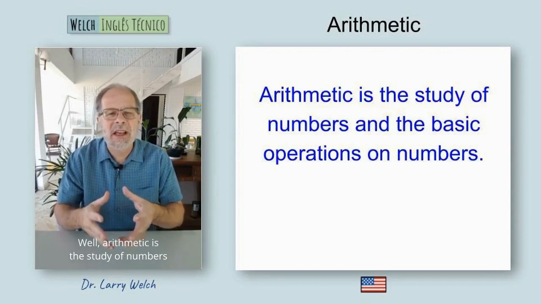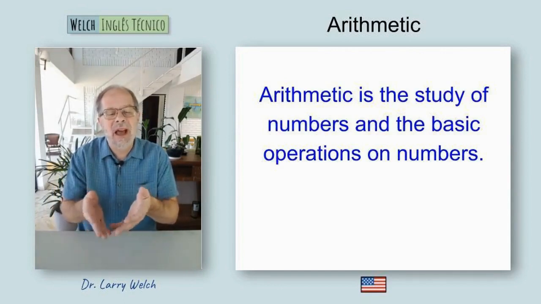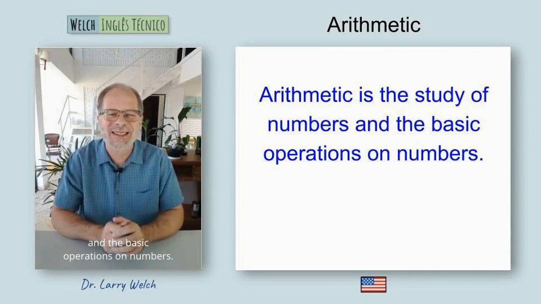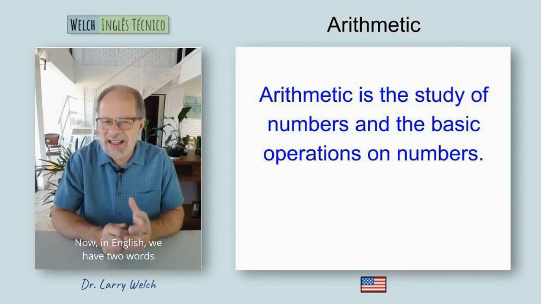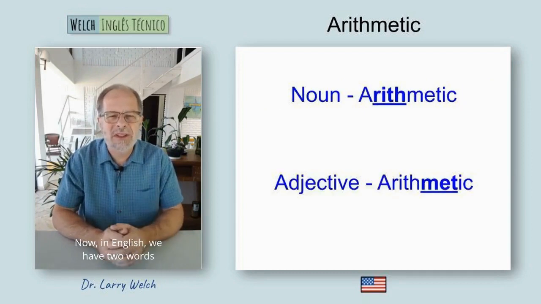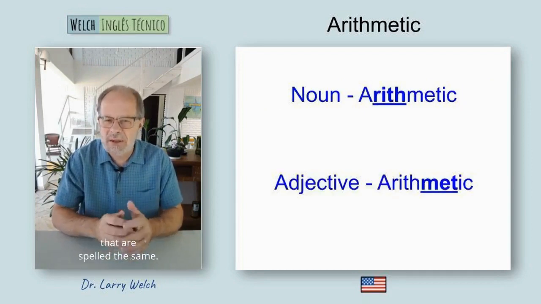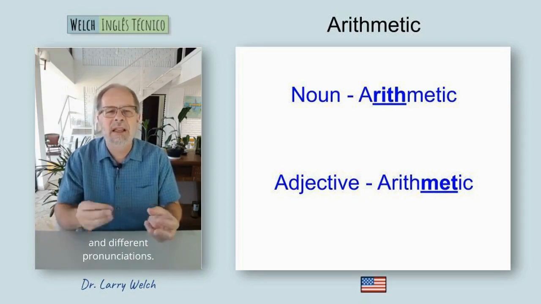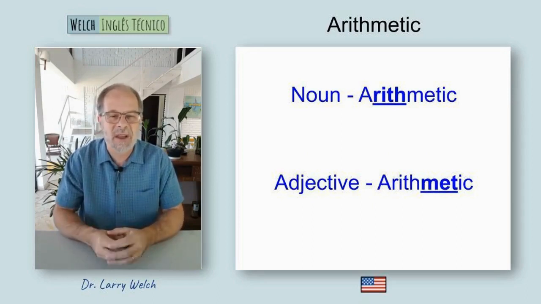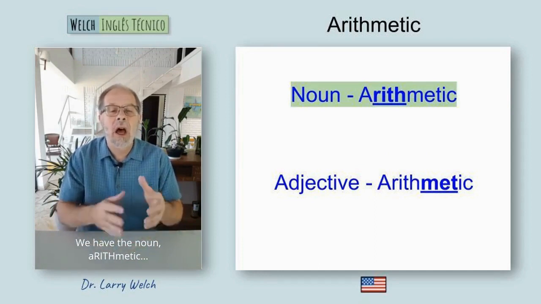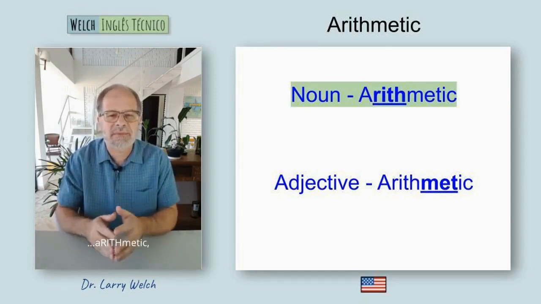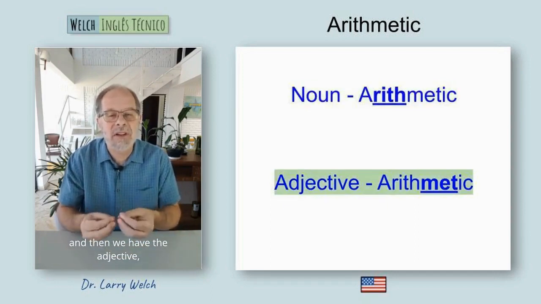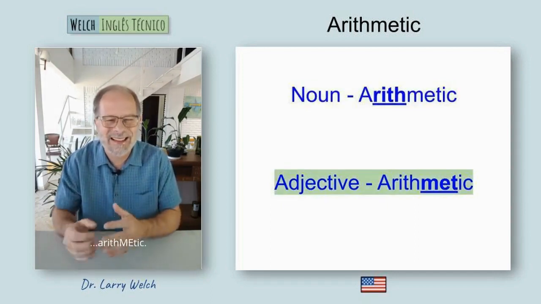Well, arithmetic is the study of numbers and the basic operations on numbers. Now, in English, we have 2 words that are spelled the same, they're related, but they have different meanings and different pronunciations. We have the noun arithmetic, and then we have the adjective arithmetic.